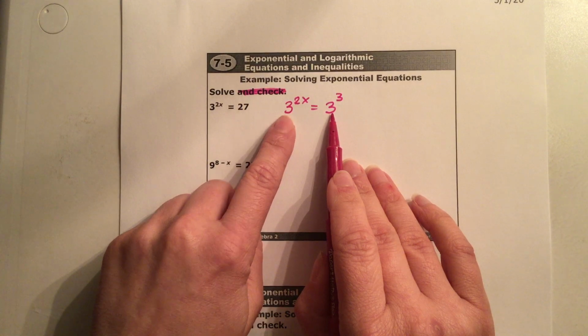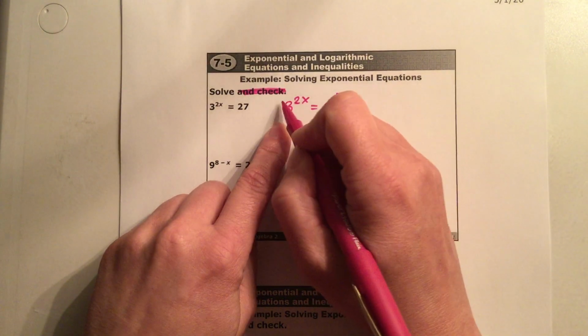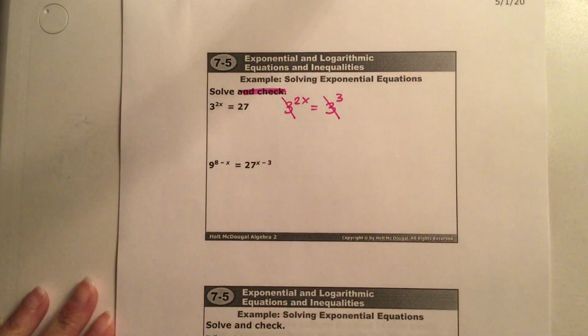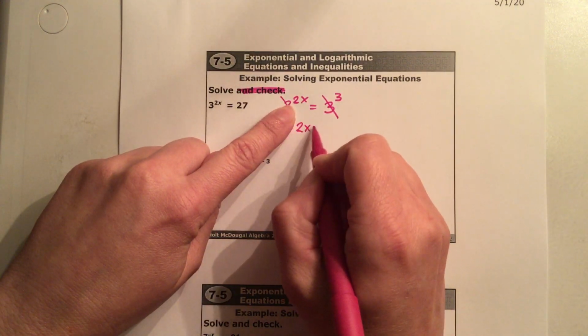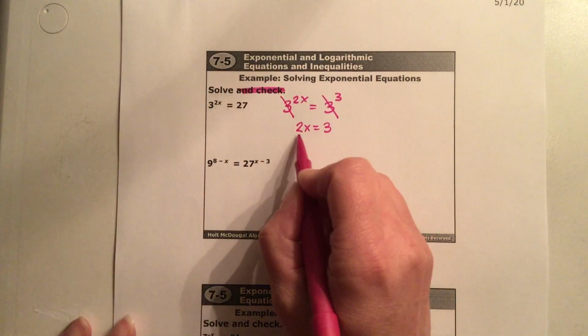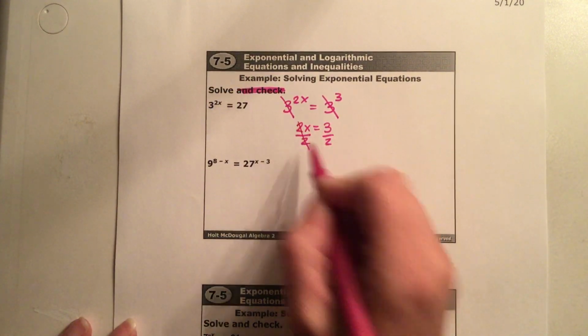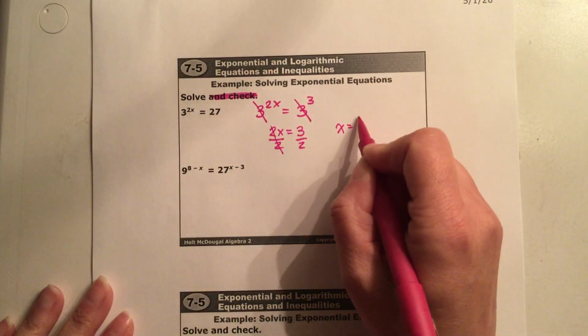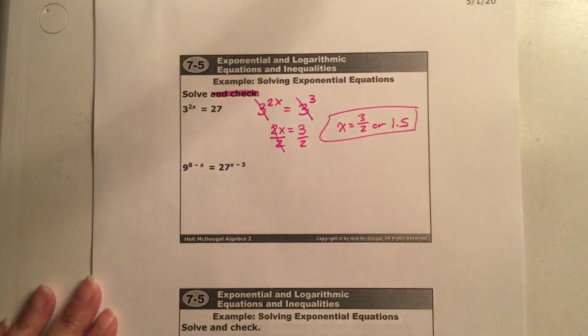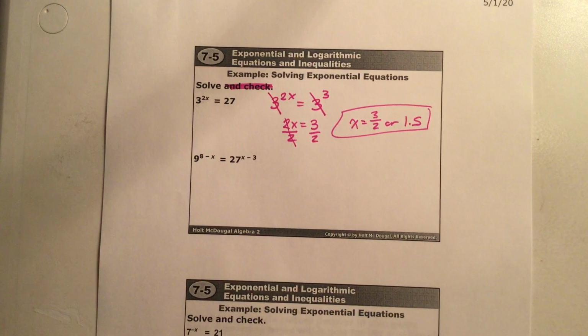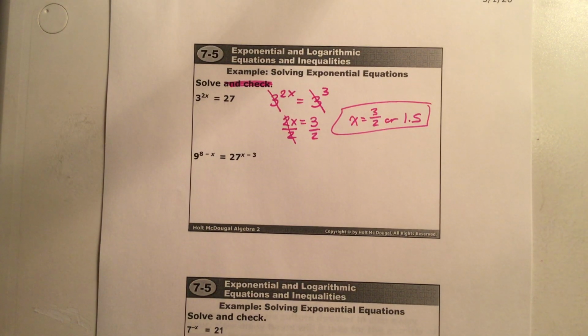Because now that this is a base of 3 and this is a base of 3, you can cross them off. Then what you have left are your exponents. So 2x equals 3. If I am solving for x, I just have to divide by 2. So x equals 3 halves, or for those of you who like decimals, 1.5, and you're done. That's what that first property means. Try to get a common base.